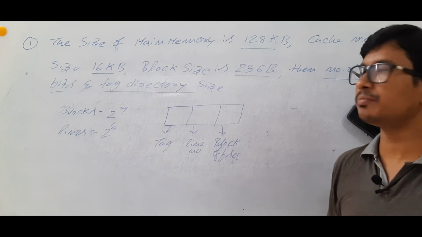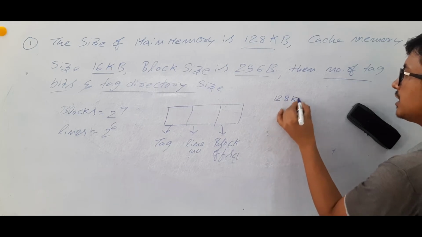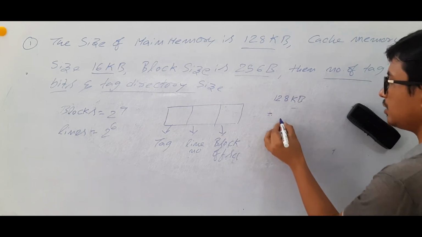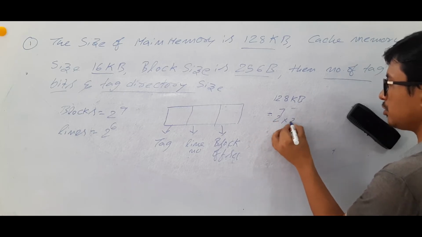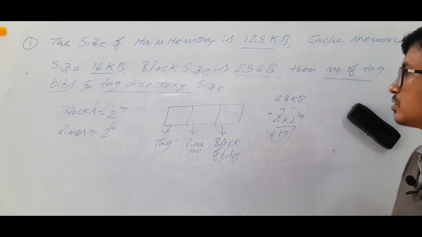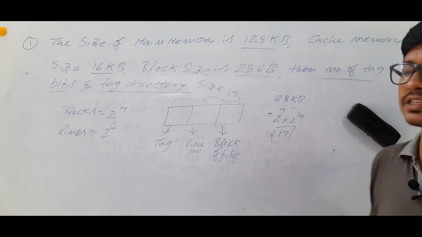What is the size of the main memory here? It is 128 KB. 128 KB means 2 power 7 into 2 power 10, so 17 address bits are required. So using a 17-bit address, you can represent this physical address.